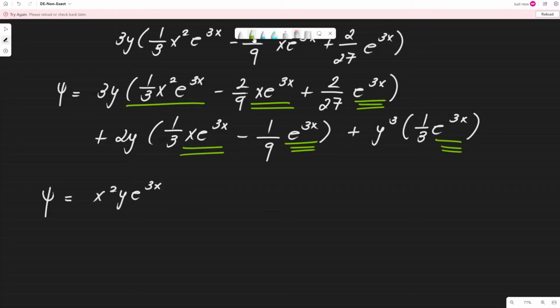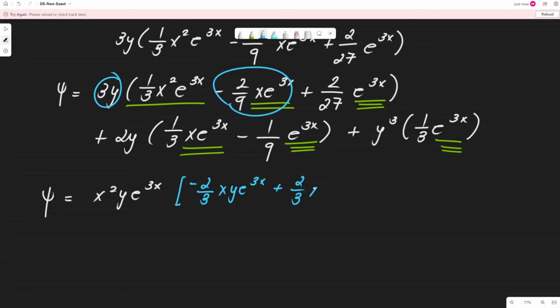Remember guys, this one and this one will be negative 2/3 xy e raised to 3x. And this one, 2y times 1/3 x e raised to 3x, is also equal to positive 2/3 xy e raised to 3x.